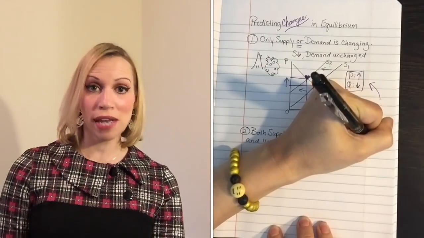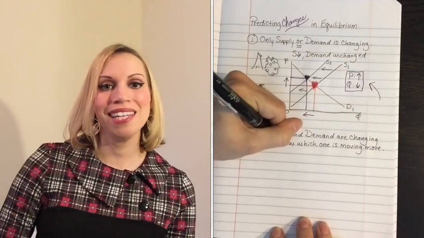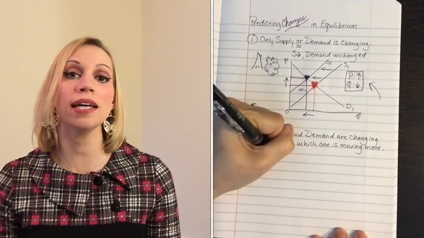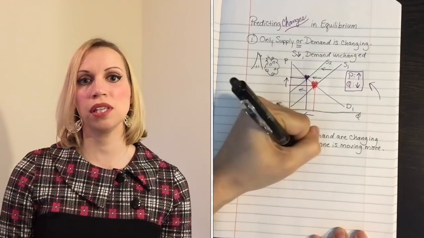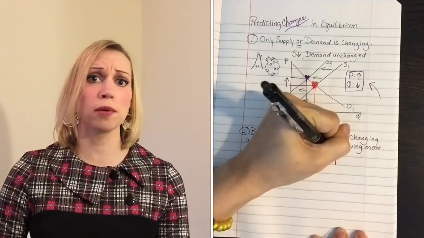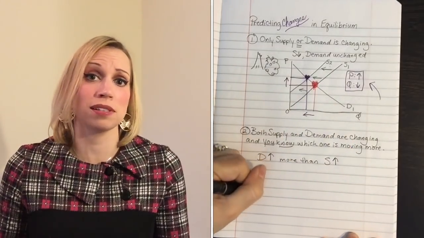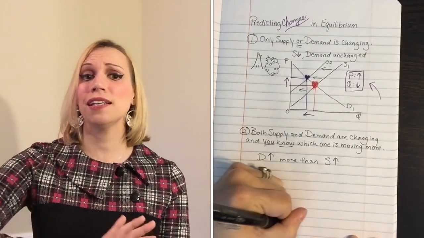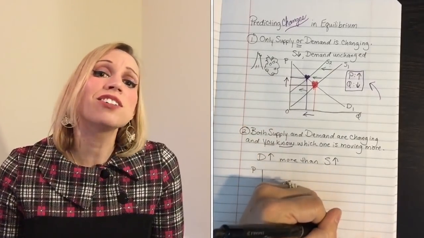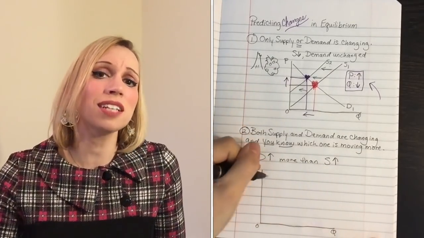So suppose now we have an instance where demand is increasing more than supply is increasing. Suppose that consumers are getting paid a lot more, consumer income goes up, so now people are just buying a whole bunch more stuff because they can afford to. So let's say that demand is increasing a good bit, and supply is increasing as well, but just a little bit.